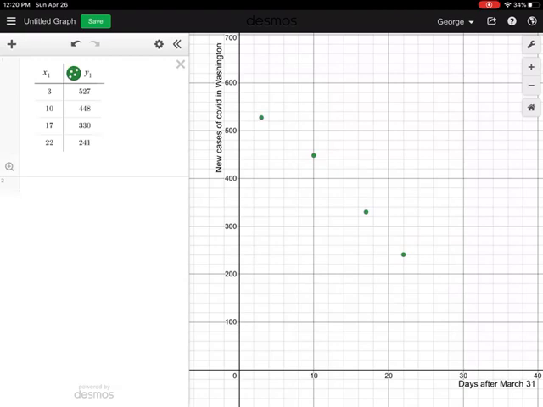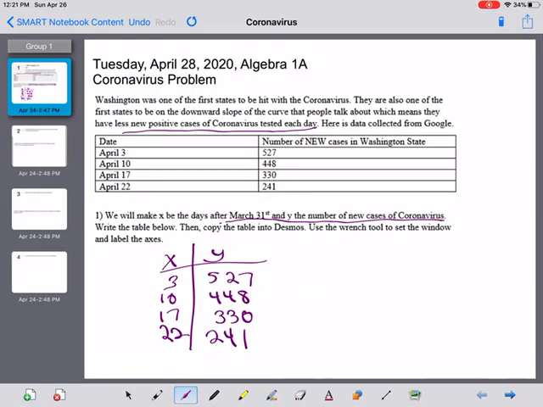So there you could see, the more days after March 31st, the less new cases detected in Washington. So that makes sense. Okay, so now our goal is to figure out the equation of the line that passes through those points, more or less, to model this change in coronavirus.